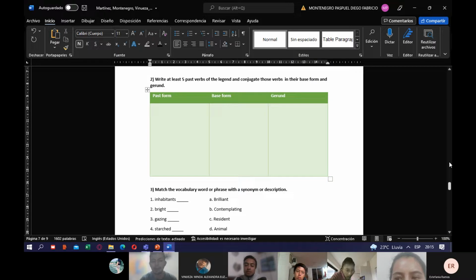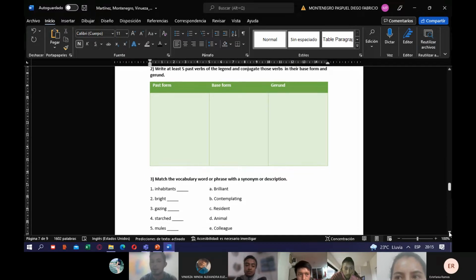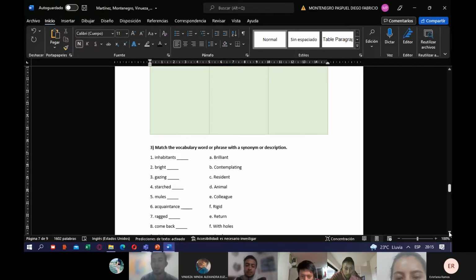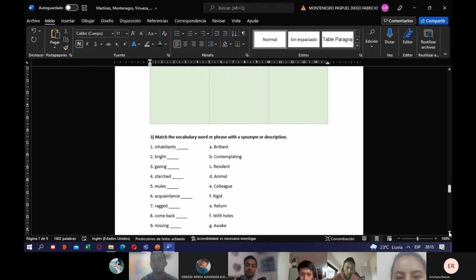Then the third activity is to match vocabulary words or phrases with the synonyms and descriptions. These words are in the legend, and you have to define them according to context. Then you have to match with this column, which has synonyms or similar words to the first column.